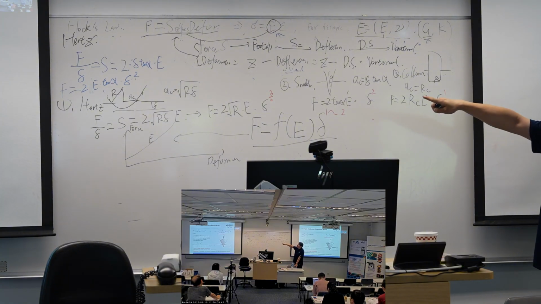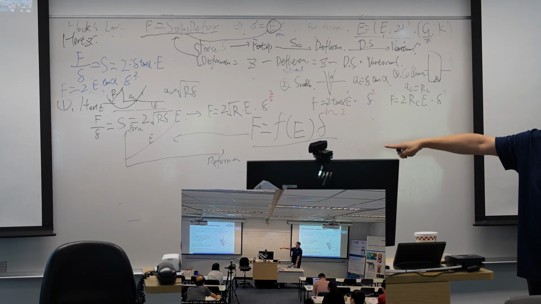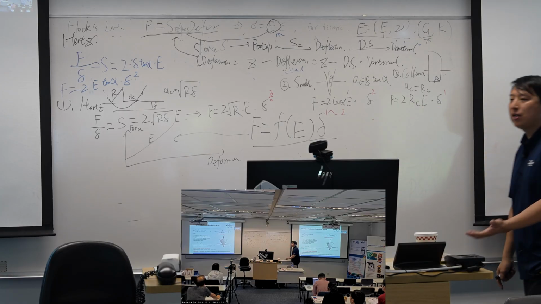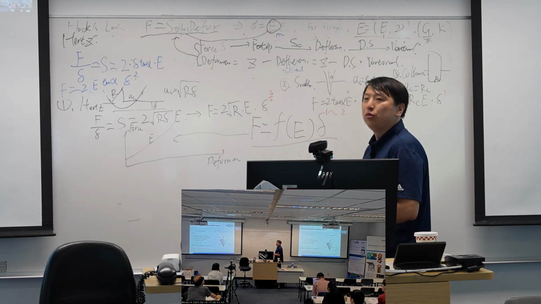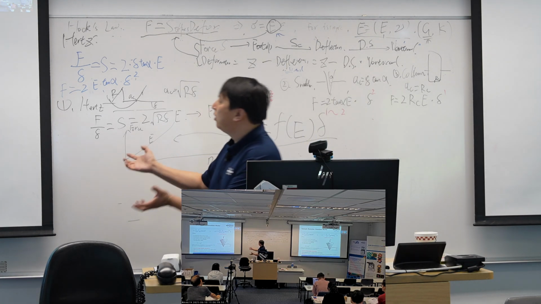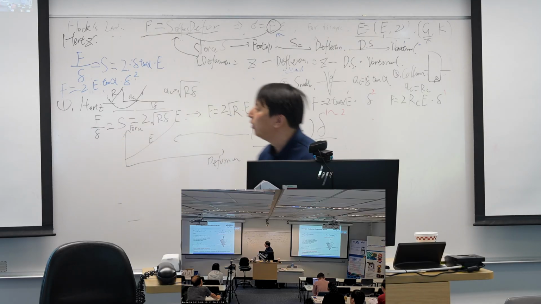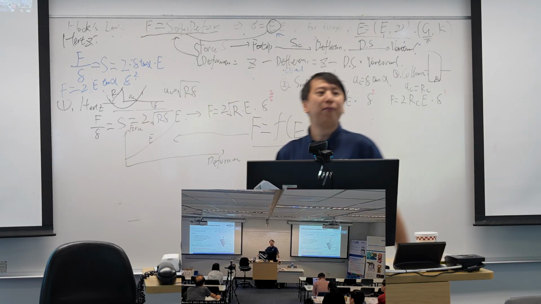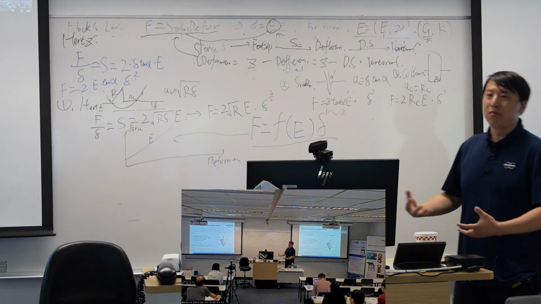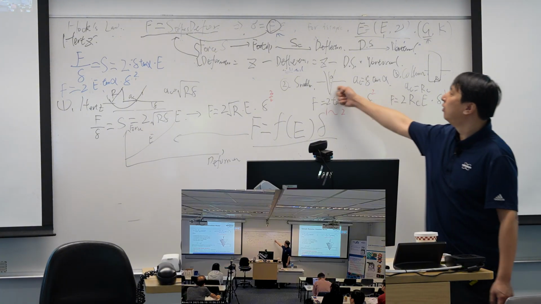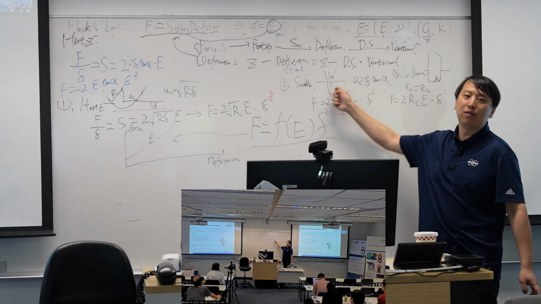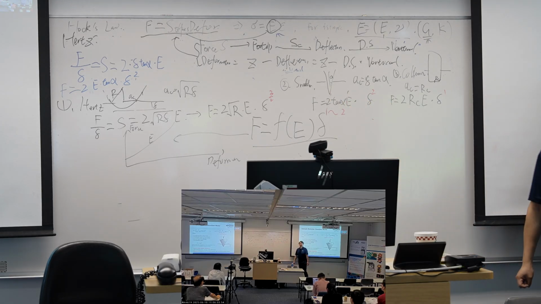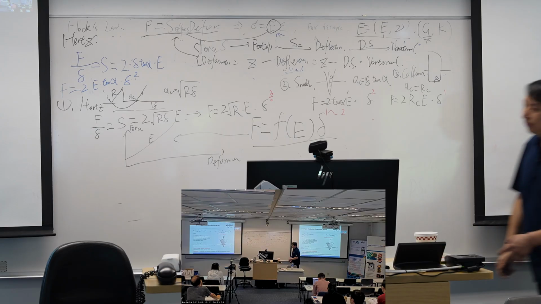For example, if you compress your cell or gel and your probe is a sphere, I can directly use the Hertz model. If I compress my sample using a cone, the AFM probe looks like a cone, I can directly use this model.